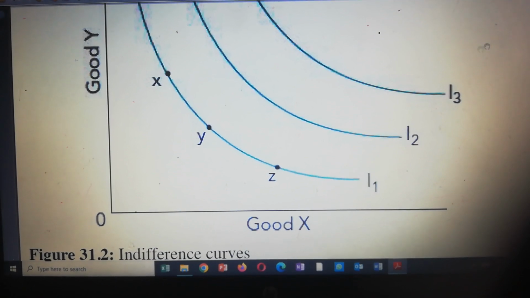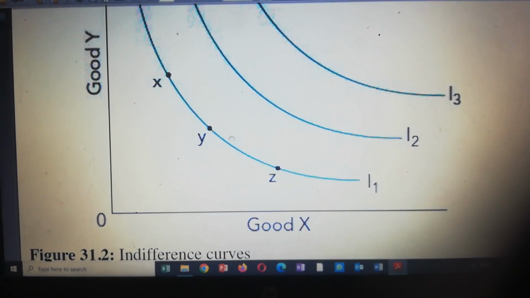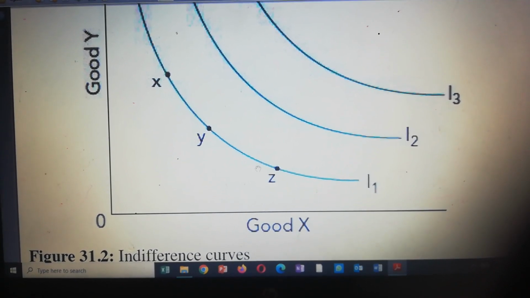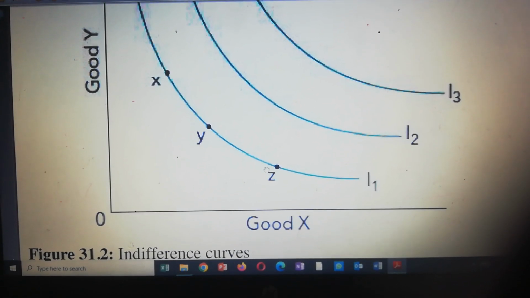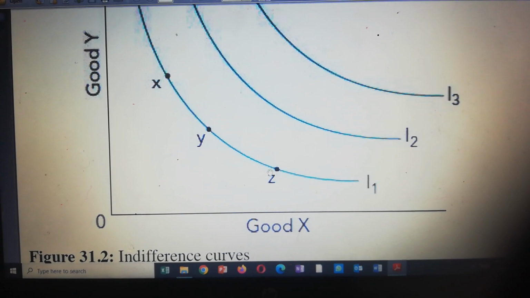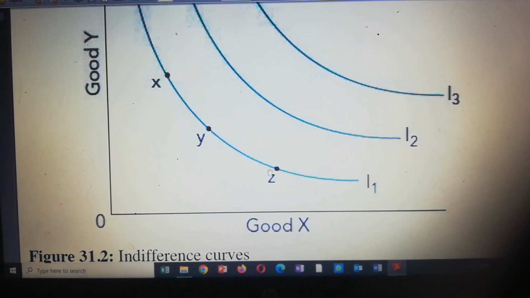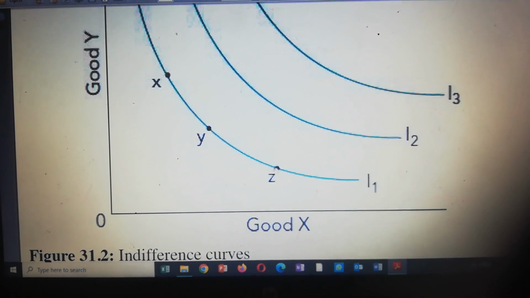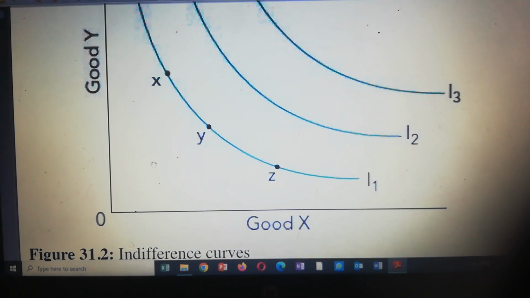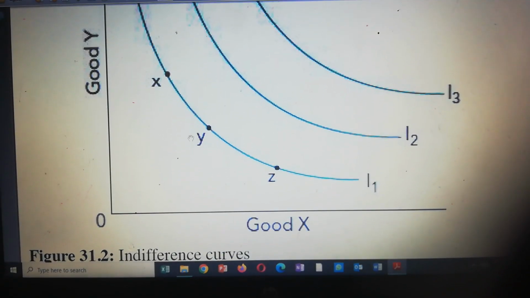If you're looking at, for example, indifference curve 1, I1, you can see that we have a combination of X, Y, and Z. These are said to be giving a combination of equal satisfaction. For example, at point Z, the consumer is willing to consume a quantity of X of this much and a quantity of Y of that much.